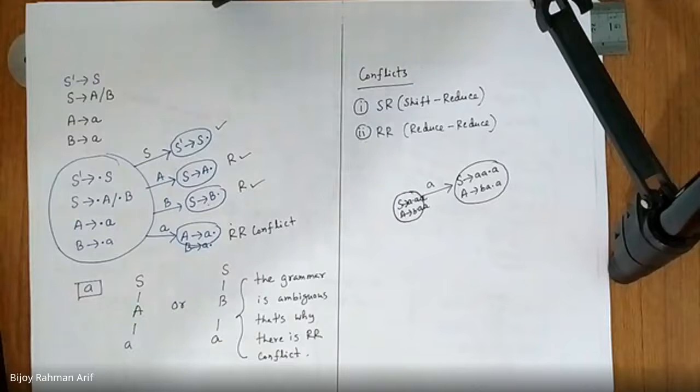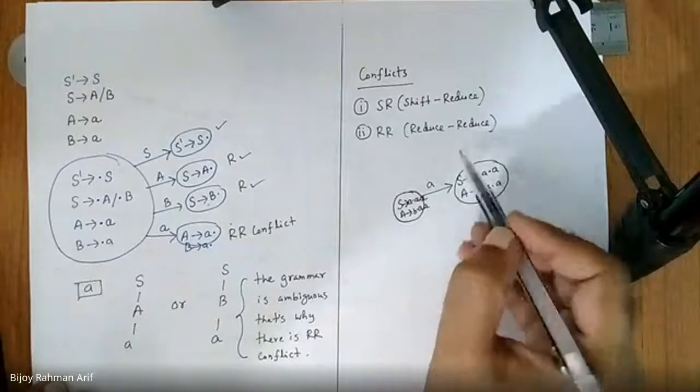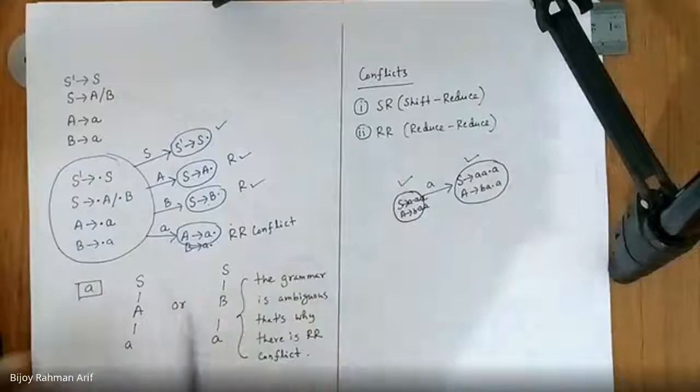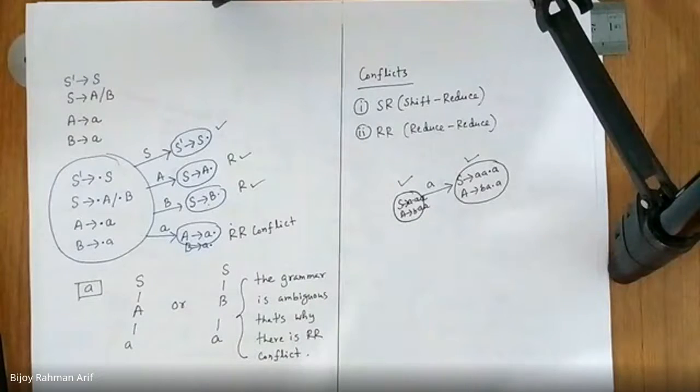There will be no multiple entries. It means you move on that production and the other production as well. So both productions go from this state to this state. So there is no reason behind multiple entries in the table. Am I right or not? Is it clear to you or not?